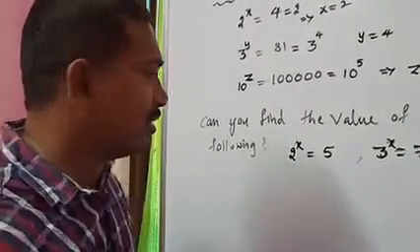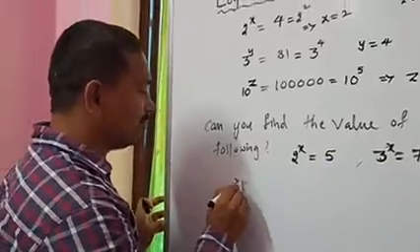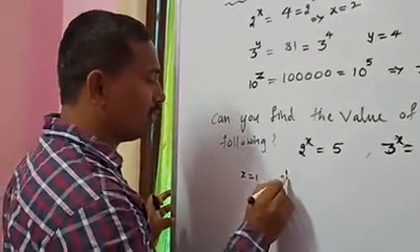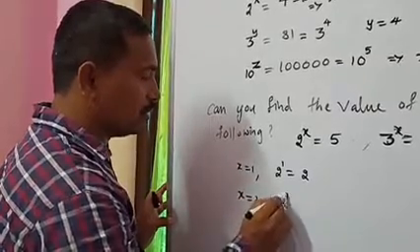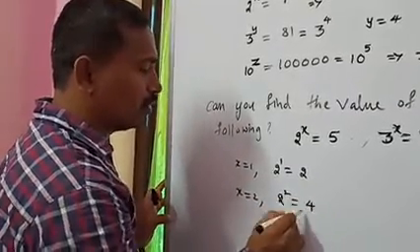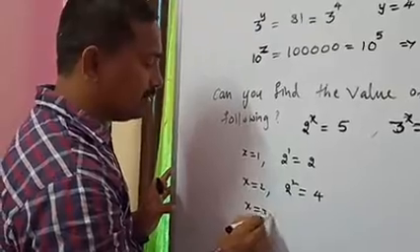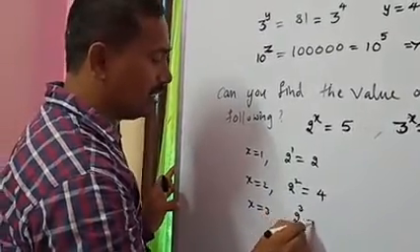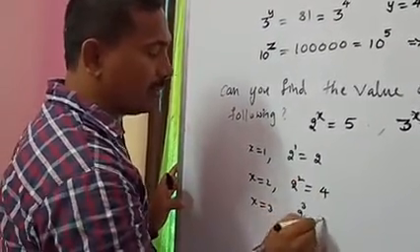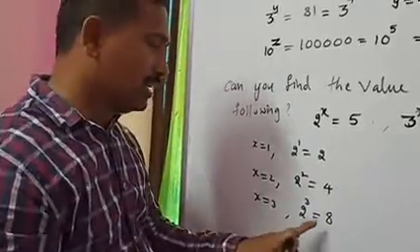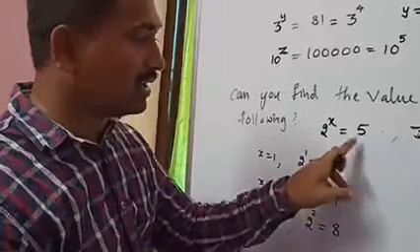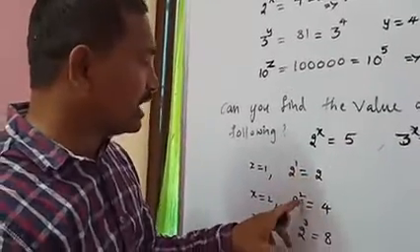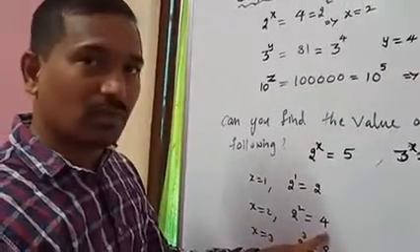Can you say? If you take x equal to 1, 2 power 1 is 2. If you take x equal to 2, 2 power 2 is 4, 2 square. If you take x equal to 3, 2 power 3 means 8. So if you take x value 3, we are getting 8. But what is there here? 5. If you take x equal to 2, we are getting 4.